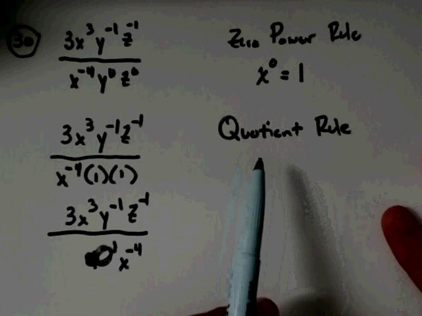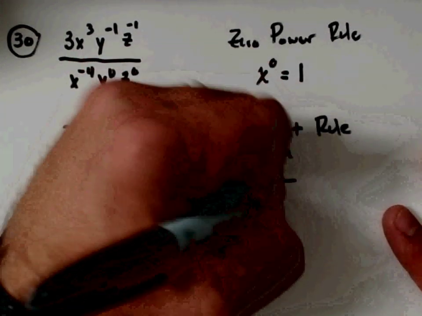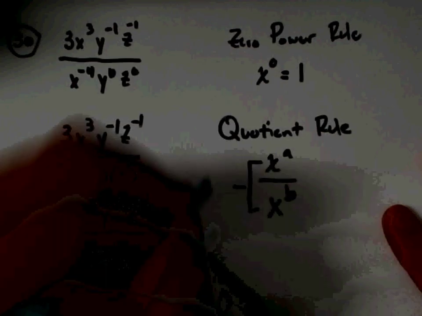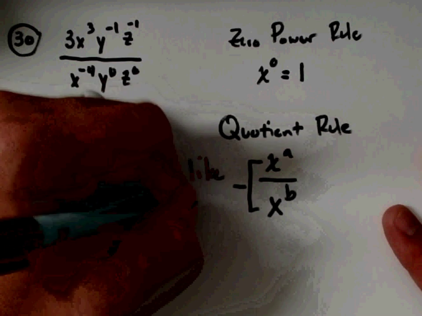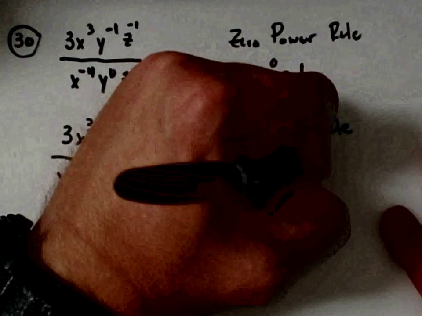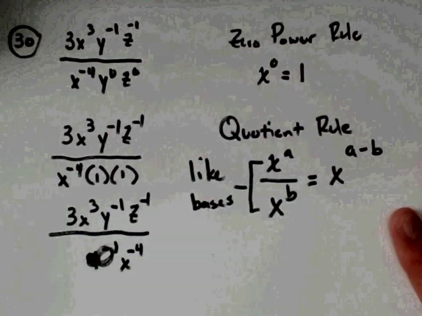I'm subtracting the exponents. It says that if I have x to the a over x to the b, and here's what I want you to get out of this fact right here, is that these are what we would like to call like bases, then what I do is I have x to the power of the numerator subtracted by the power of the denominator.